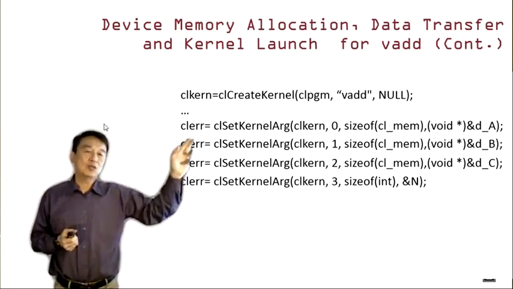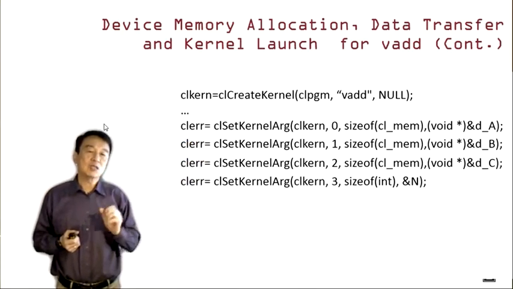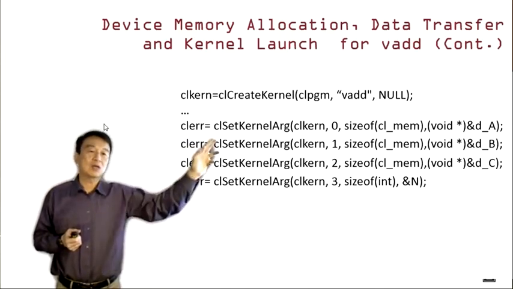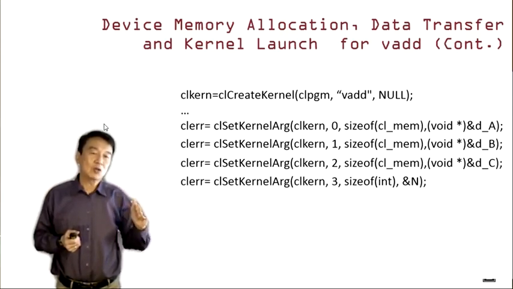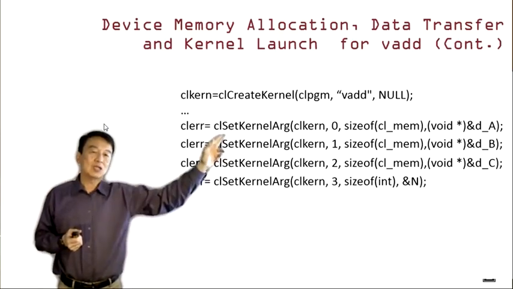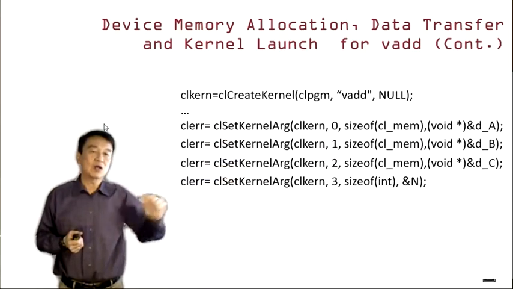This function needs several parameters. The first parameter is the particular kernel you're setting the parameters for, that's cl_kern here. The next one is the order of the argument, or the particular position of the argument you're setting. So we're setting the zeroth argument, first argument, second argument, and third argument here.